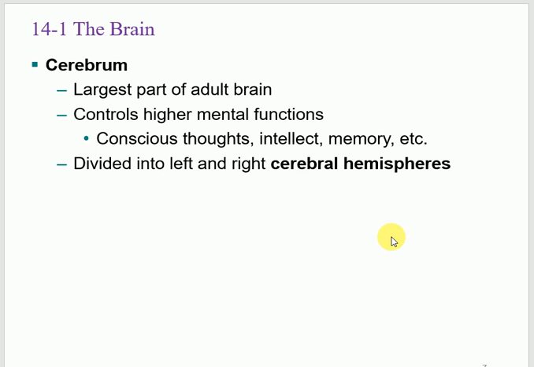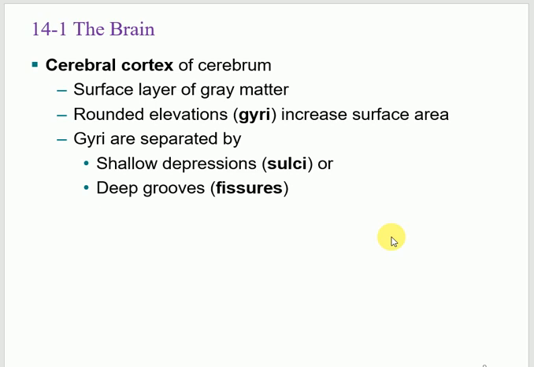There are two hemispheres, half spherical structures, one right and one left. The cover of that cerebrum is called the cerebral cortex, and this is gray matter. The filling inside is white matter. If you are following and you have an exam coming tomorrow, you should remember that the spinal cord is gray inside and white outside.